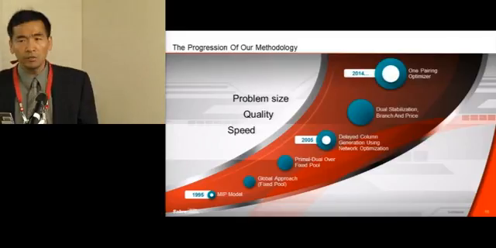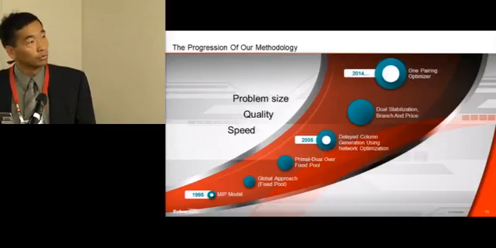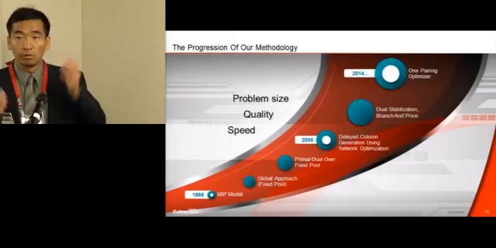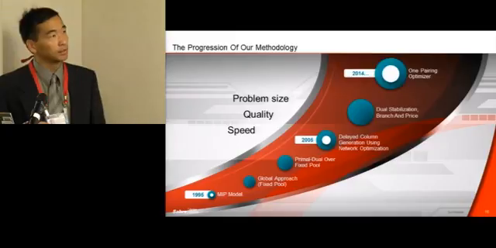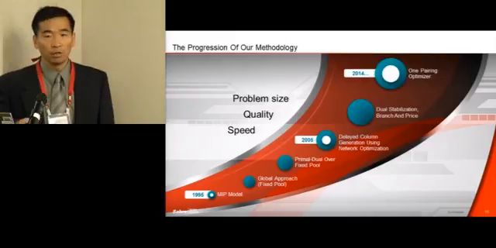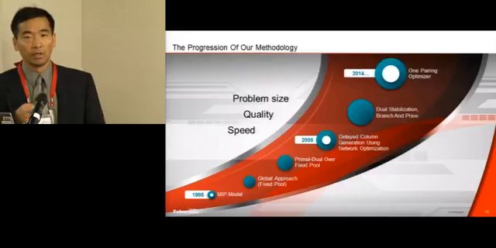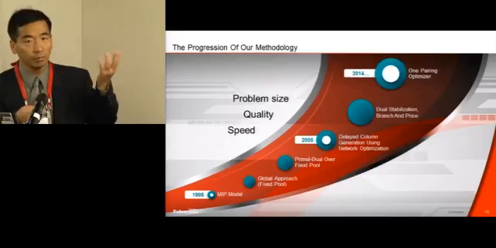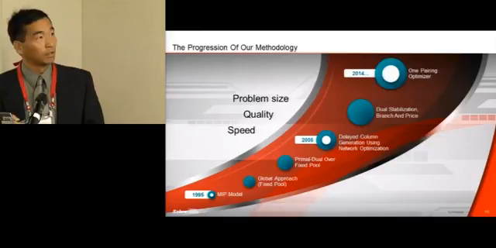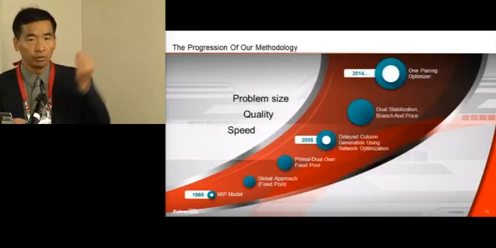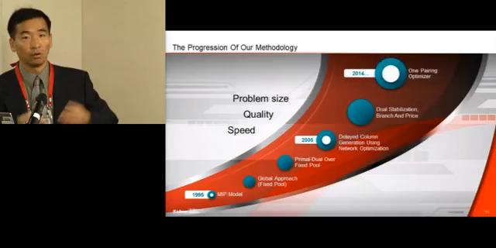To improve the performance speed, we also use the branch and price to enhance the solution quality. By now, we're working on a single unified model that can solve both the long-haul problem, the crew augmentation problem for cockpit, and the short-haul problem, both for cockpit and for cabin crew, with all kinds of options available.